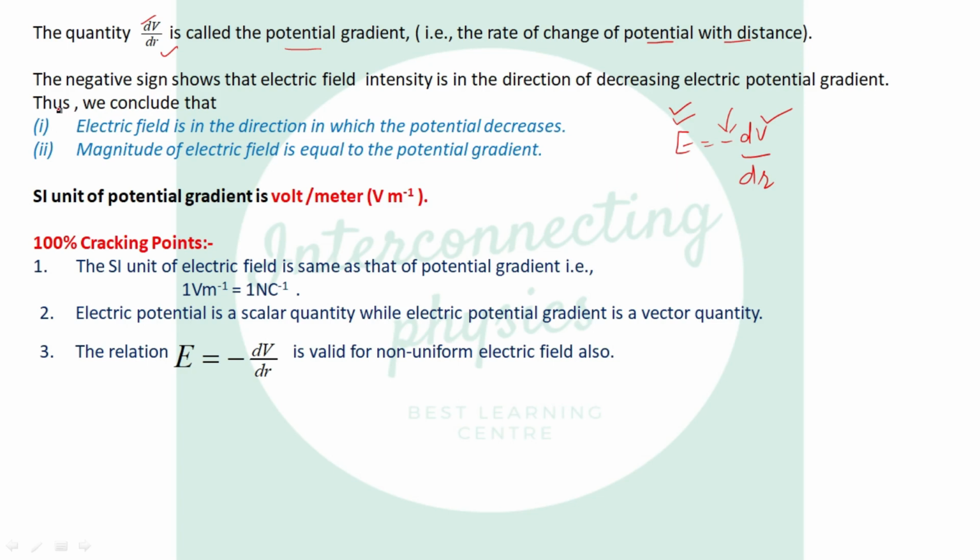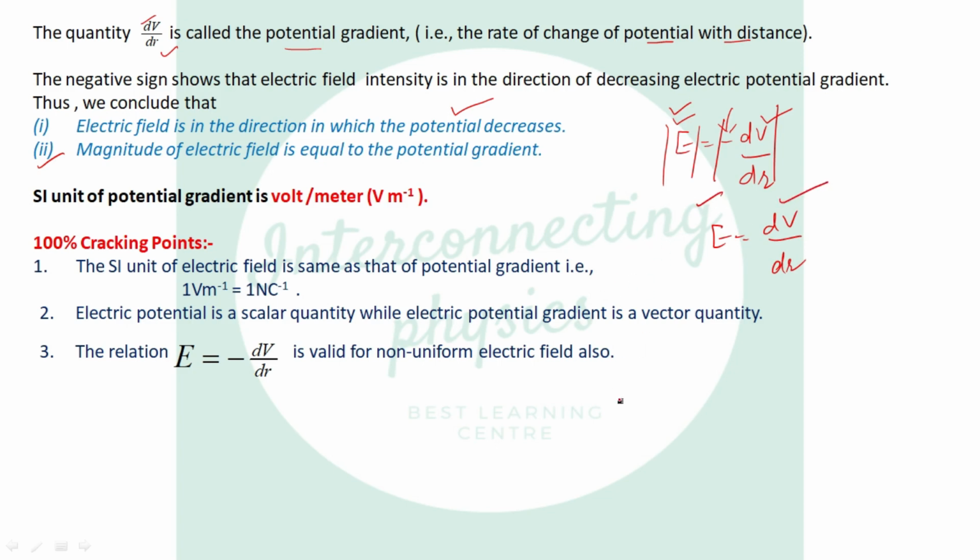Okay. So we conclude, number 1, the electric field is in the direction in which potential decreases. And number 2, the magnitude of the electric field is equal to the potential gradient. If we take the magnitude, then you see E equal to dV upon dr, means the electric field intensity will be equal to the potential gradient.